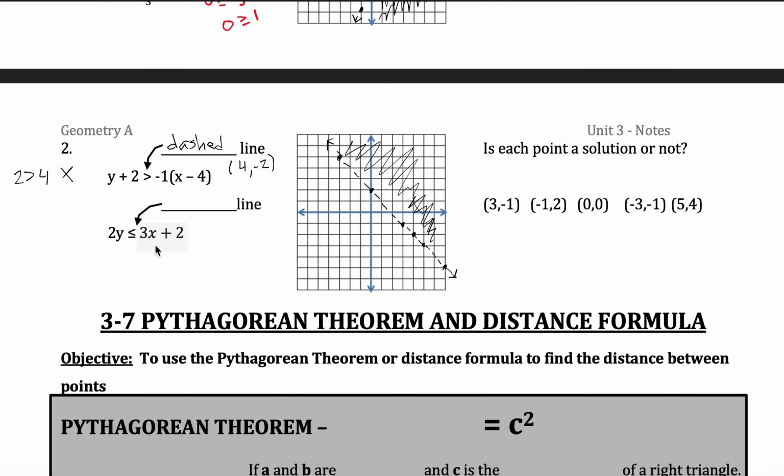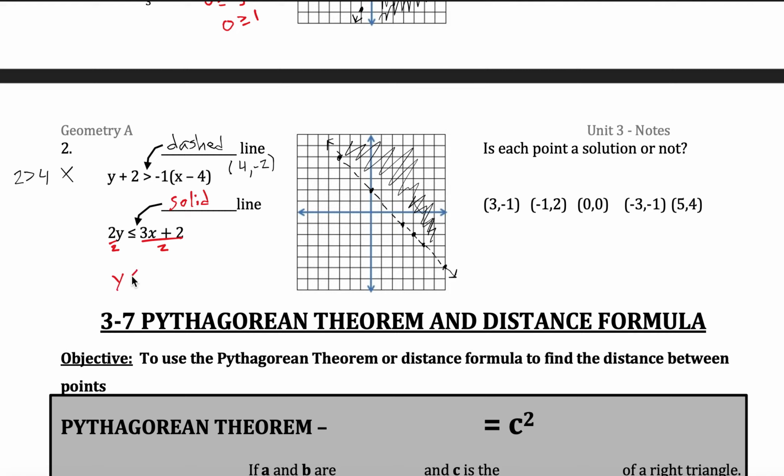Then we need to graph our second inequality. So again, I will do this in a different color. The first thing I notice is I have the less than or equal to sign, so this is going to be a solid line. I also have this not in a form that I want, so we're going to turn this into slope-intercept form. I'm going to divide by 2 on both sides.